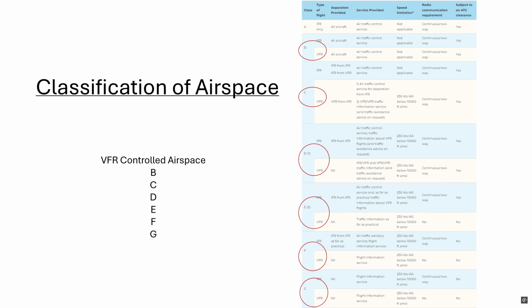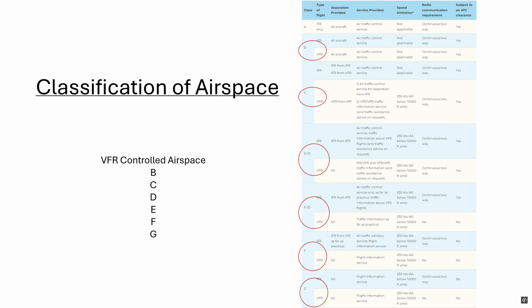Now, to be able to depart from or arrive at an airport with a visual flight rules flight plan, you need to look at the classification of the airspace.